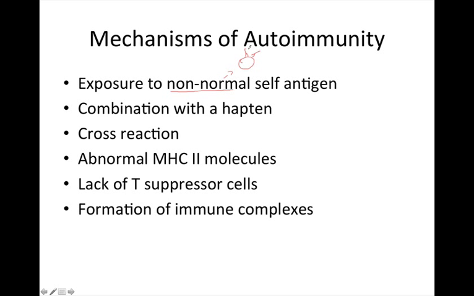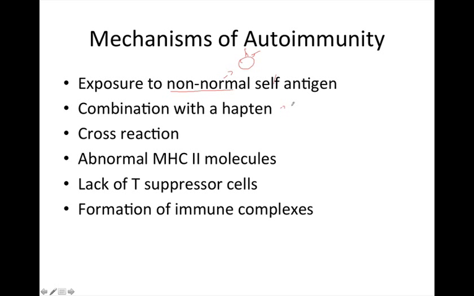So again, those are just some examples of the body coming in contact with antigens within us that it's never seen before. Combination with a hapten. I talked about this in another video, actually. Basically, a hapten is a molecule that's too small, all on its own, to elicit a response from the immune system.